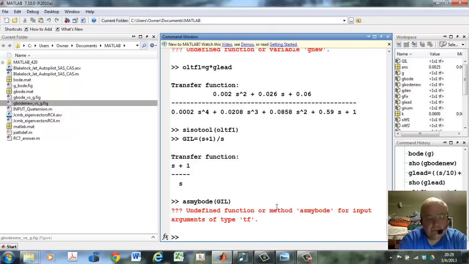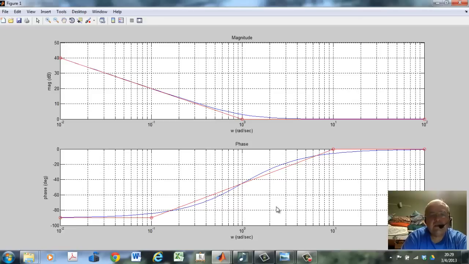So let's take a look and see what that would look like. Here's the asymptotic plot for the integral lag compensator, s plus 1 over s. And you can see my low frequency asymptote for s plus 1 over s is simply going to be 1 over s, which is shown here.